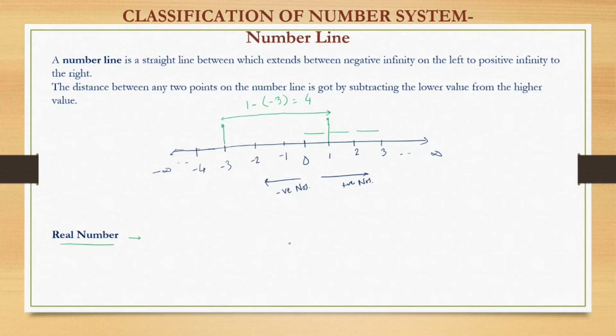This means the complex numbers, the other part of the number system, cannot be represented on the number line. So real numbers are numbers which can be represented on the number line.